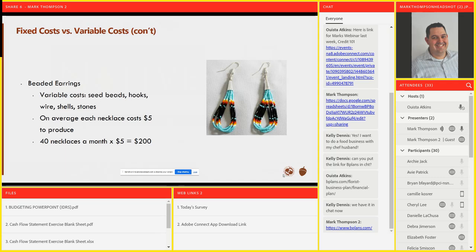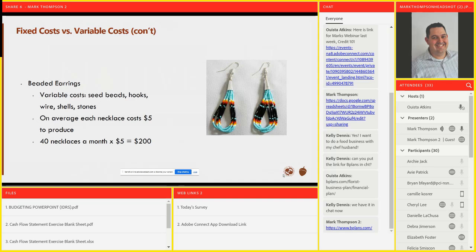Earlier we talked about what we're going to be selling these for, $50 a piece. Now what we've done is, by being able to calculate what each one costs and the number that we believe we're going to sell, now we've got an expense in.